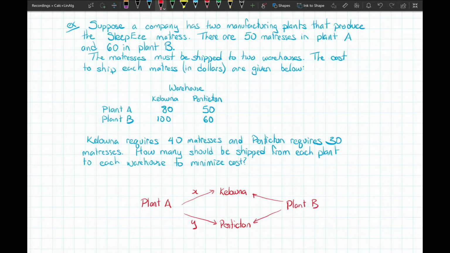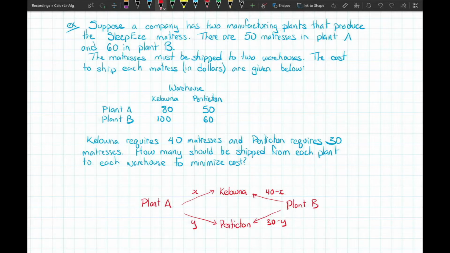The constraint here is we have to have 40, but we don't want to provide more because we're minimizing cost. So the number of mattresses that will be sent from Plant B to Kelowna is simply going to be the remainder, 40 minus x. The number of mattresses sent from Plant B to Penticton is simply going to be the remainder, 30 minus y. So we only have a 2-variable problem.